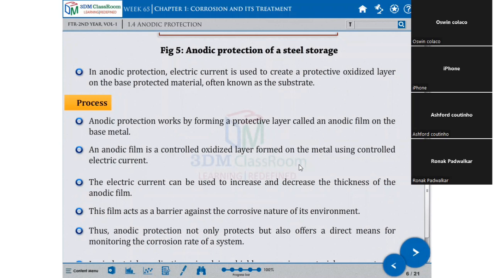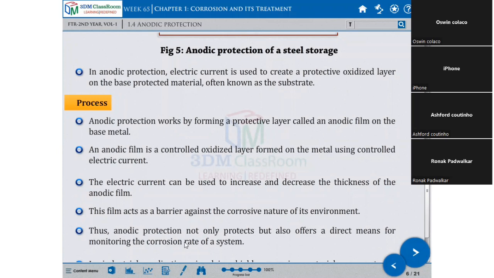The electric current can be used to increase or decrease the thickness of the anodic film, and the film acts as a barrier against the corrosive nature of its environment.